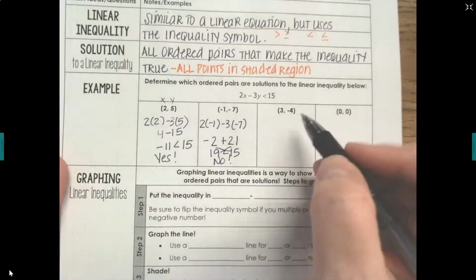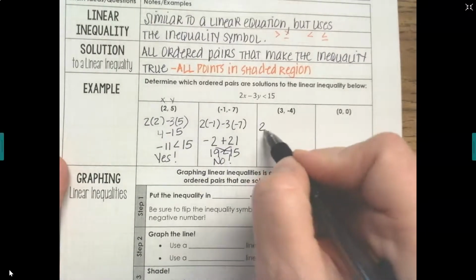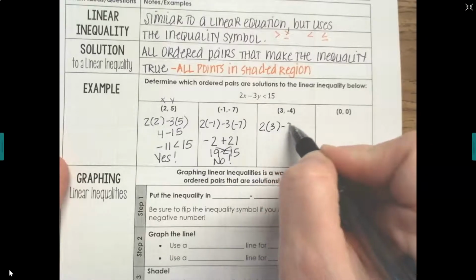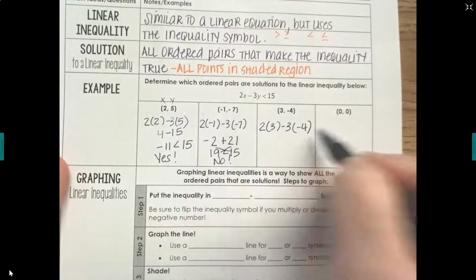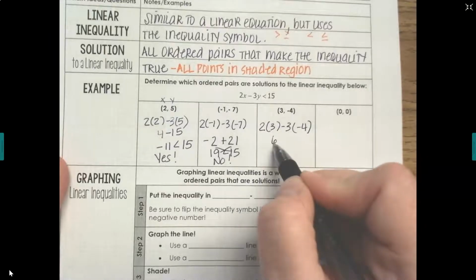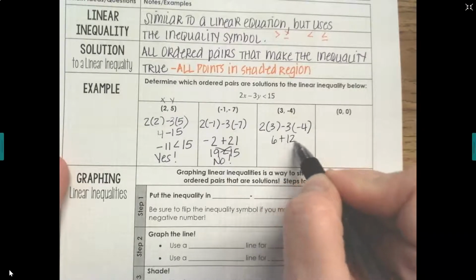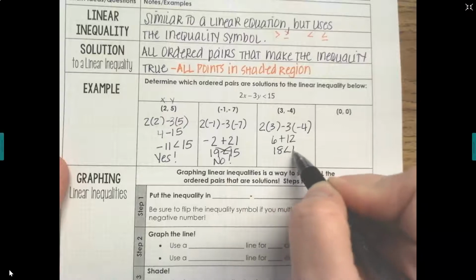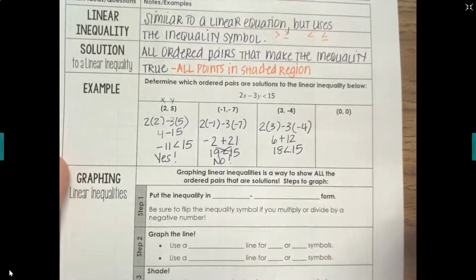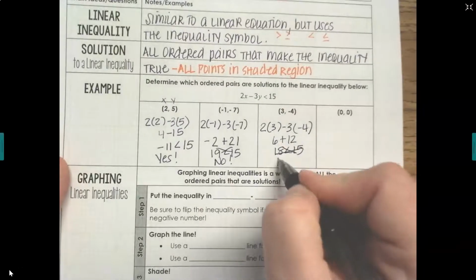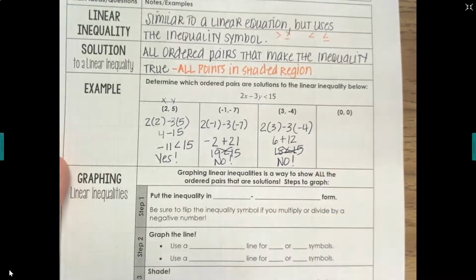All right, try it again with 3, negative 4. 2 times 3 minus 3 times negative 4. 2 times 3 is 6, plus 12 is 18, which is not less than 15. Nope, that's not a solution.